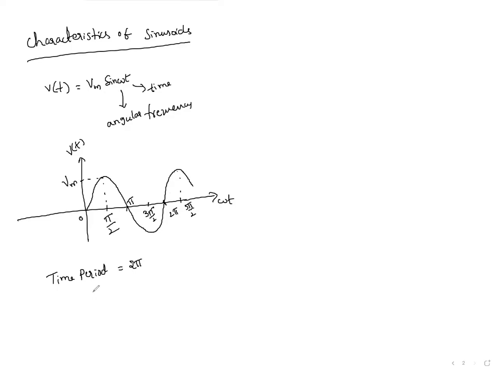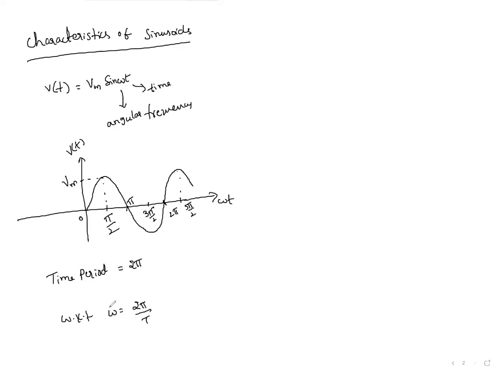Okay, and this 2 pi is equal to, so omega t, sorry, we know that omega is equal to 2 pi by T. Do you know this formula?